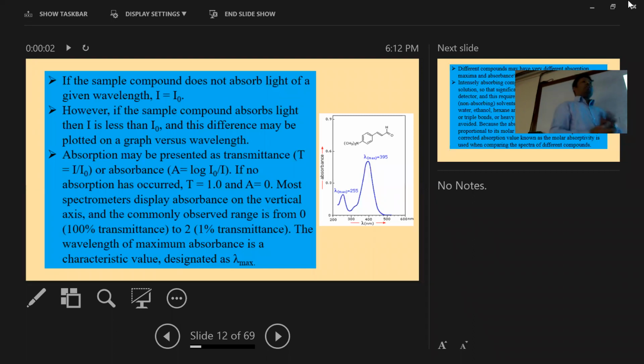So depending on the size of the particle also, how do we confirm that our particle has that size? We take the UV-visible spectrum, and if we find the lambda max at 520 nanometer, then we can confirm that the size of the nanoparticle is around 10 nanometer.